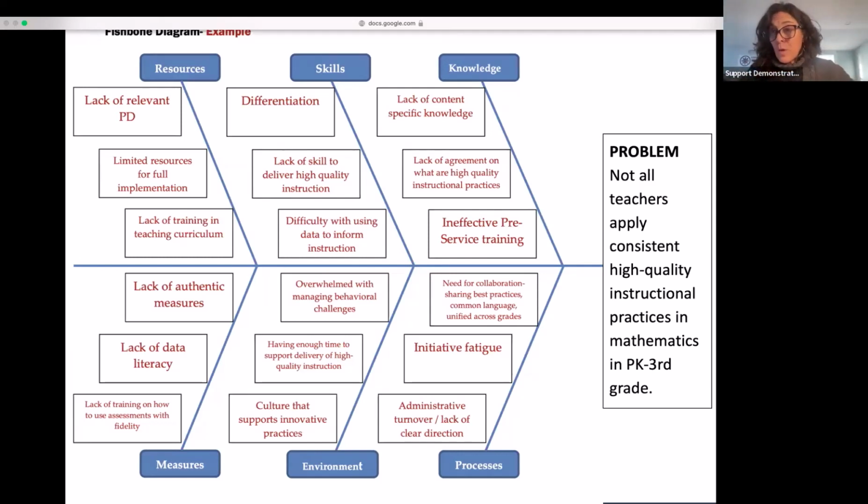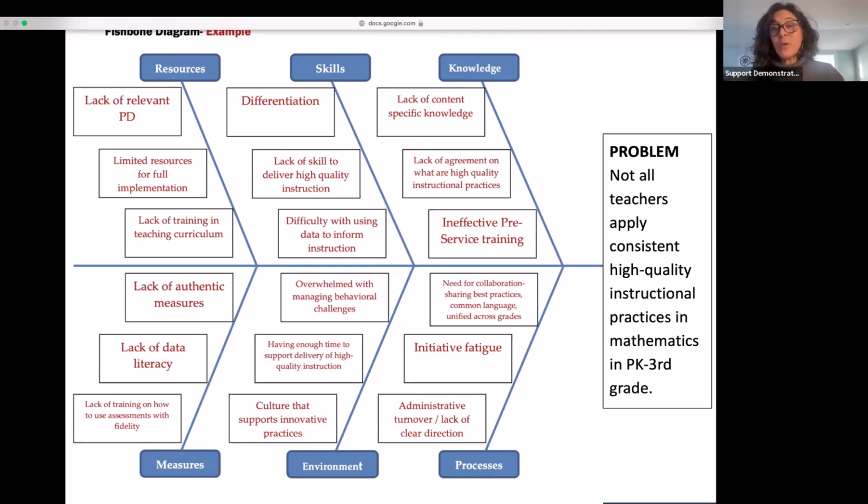I'm not going to talk through the whole thing, but it's a really wonderful way to set up your discussion around causes. And once you have this mapped out, it's not a static document. You may do a brainstorm fishbone and then it turns into something else.